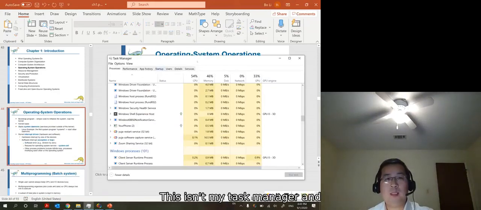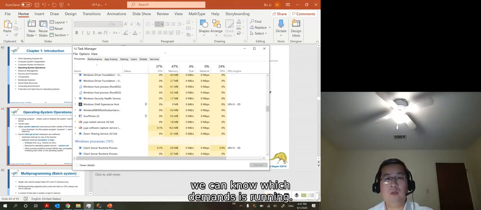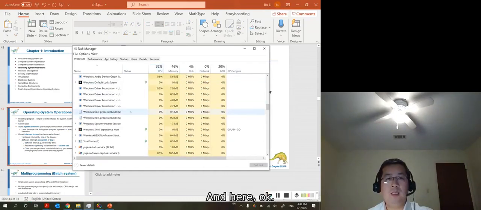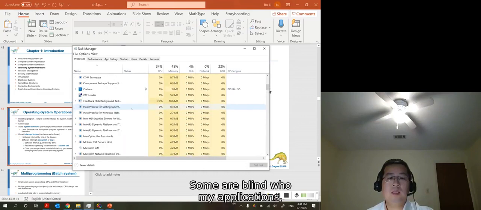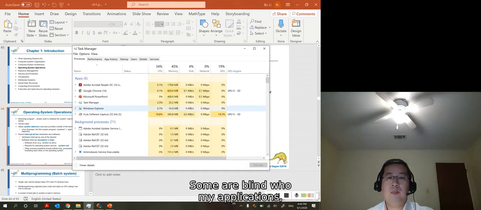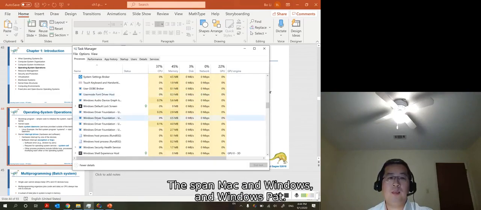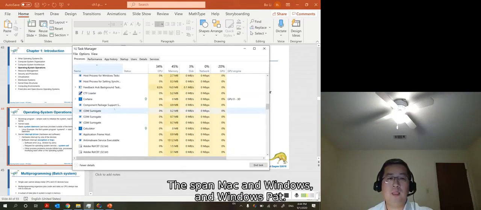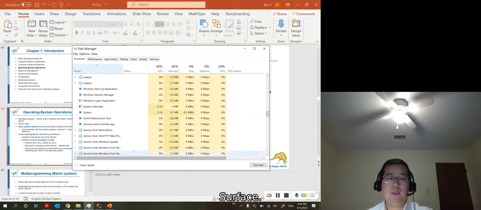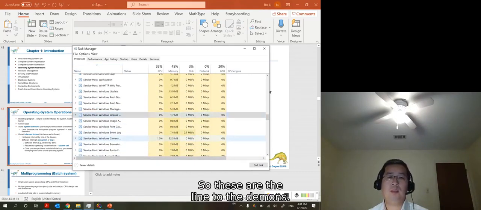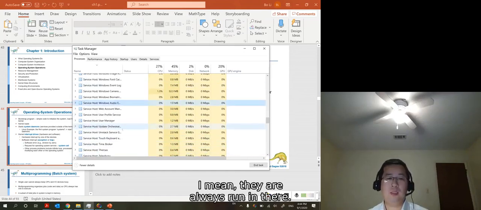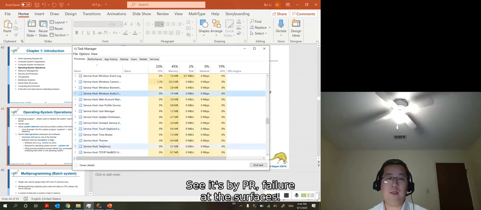This is my task manager. I can know which daemons are running, like here. Some belong to my applications. Some belong to Windows, the Windows services. So these belong to the daemons. That means they are always running there.